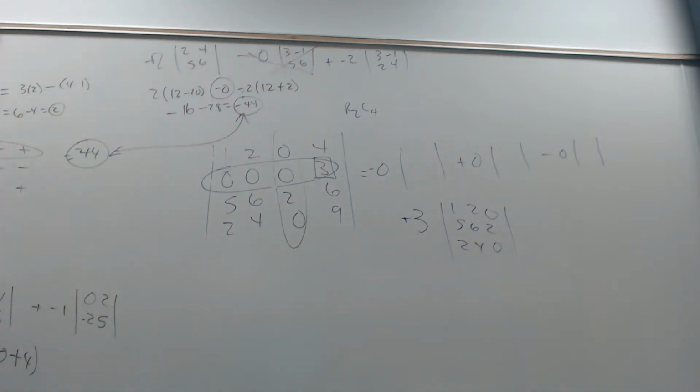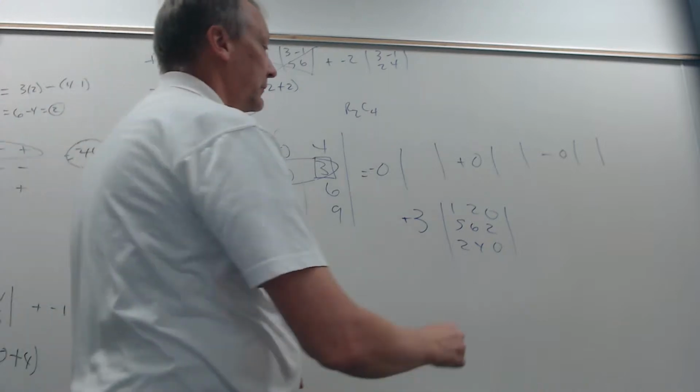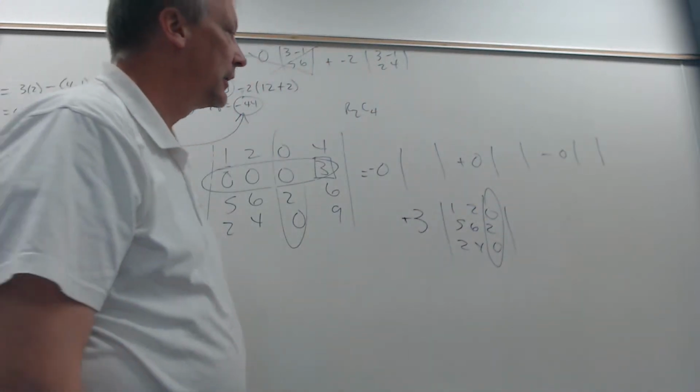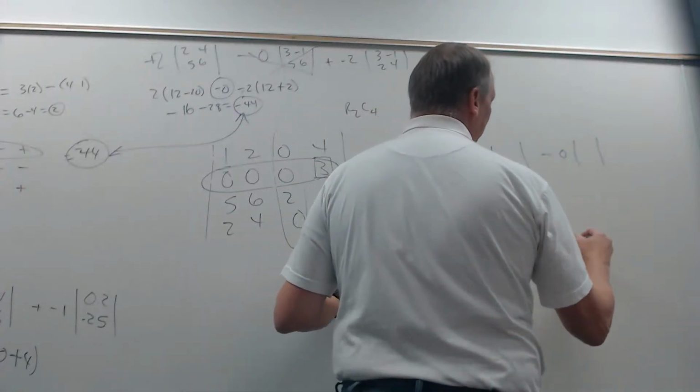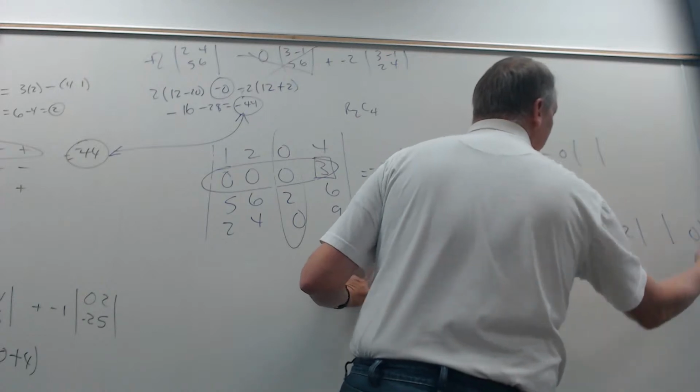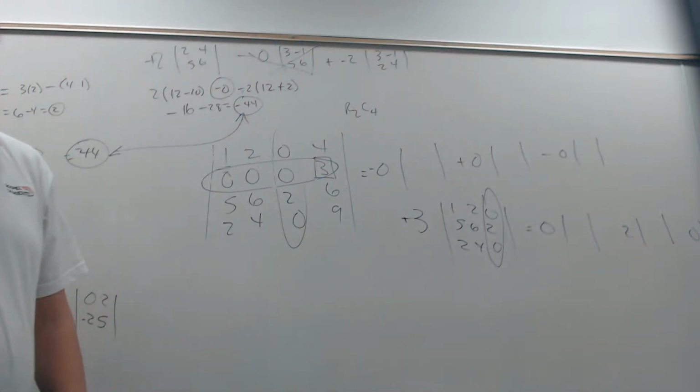Now I need to turn that 3 by 3 into a bunch of 2 by 2s. What would be the best way? I'll use the last column, we've got lots of zeros there. So this is going to become 0 times something, 2 times something, and 0 times something, which I don't care about because it's going to fall out. That's why I didn't care about losing space.